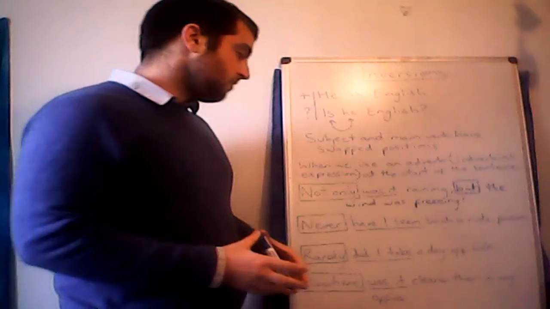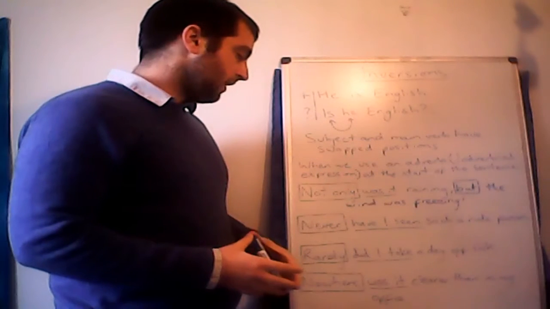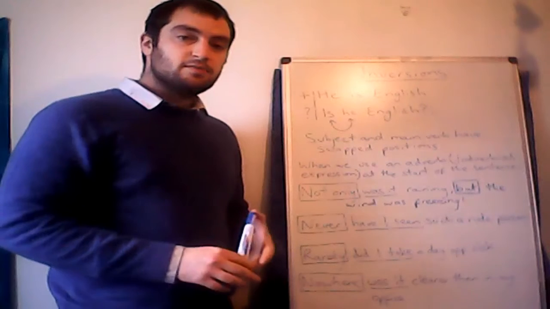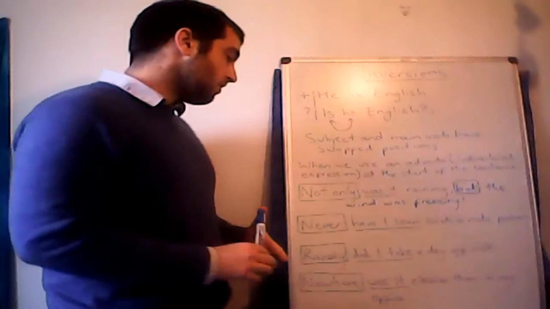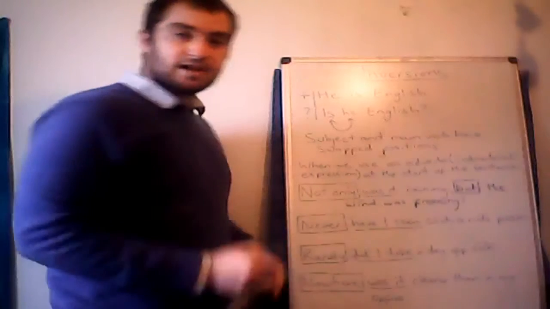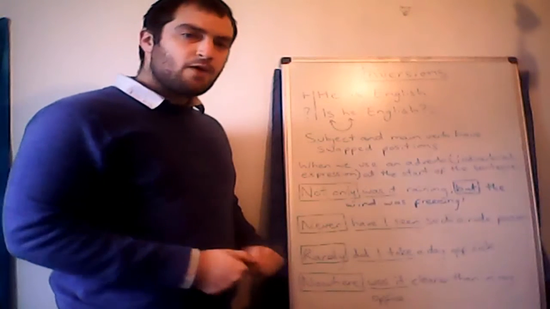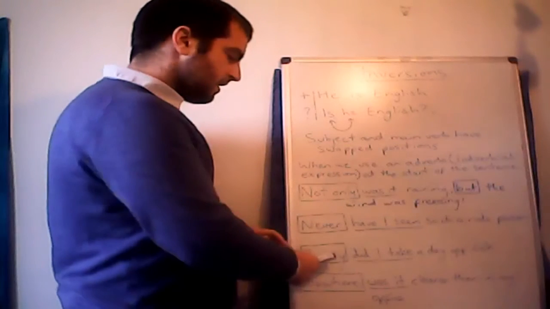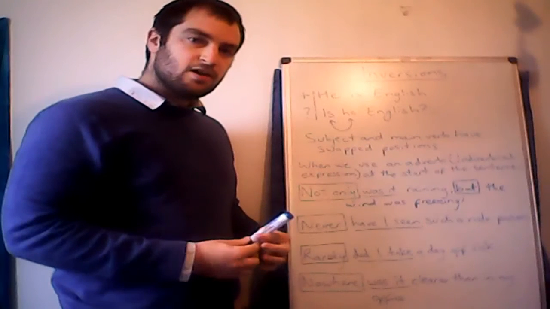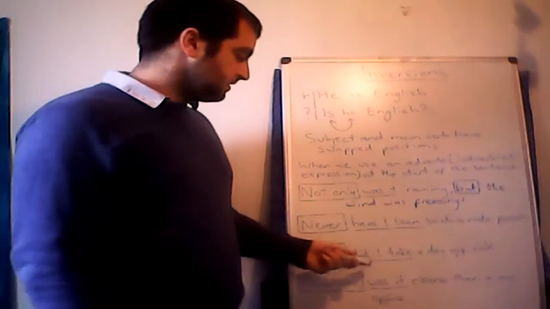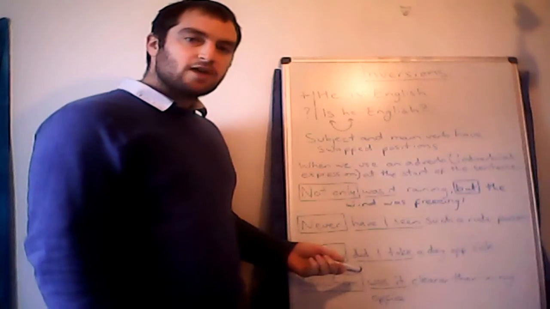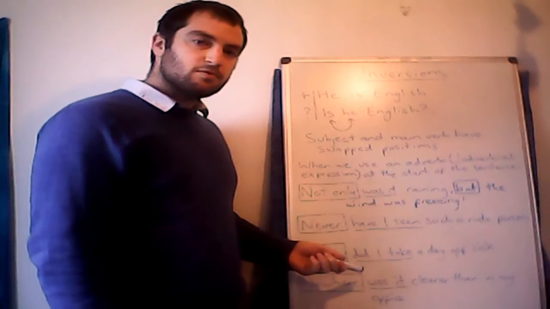Okay, the next one is a little bit more complicated because the sentence would have originally been in the past simple. So it would be I rarely took a day off sick. However, because we've put rarely at the start and we need to use an inversion that follows, we had to use the word did, which is the auxiliary that we use in questions when they're in the past simple.